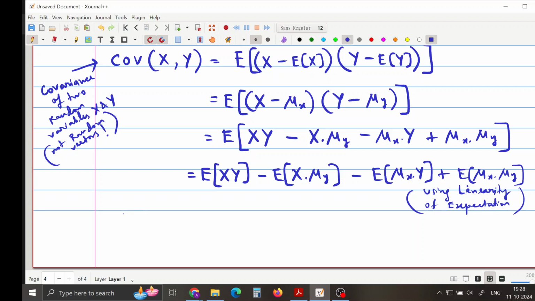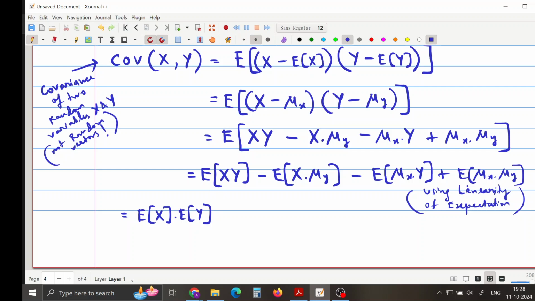Okay, so now what about expectation of xy? Expectation of xy, I can write it as expectation of x times expectation of y. Why? Because x and y are independent. That is the given condition.